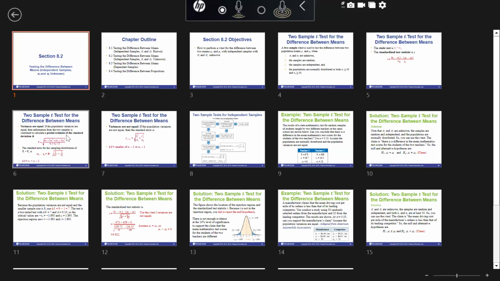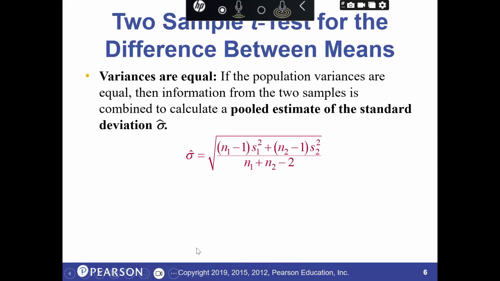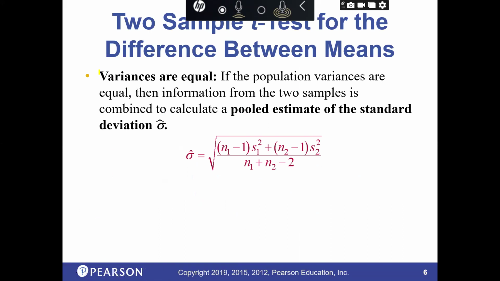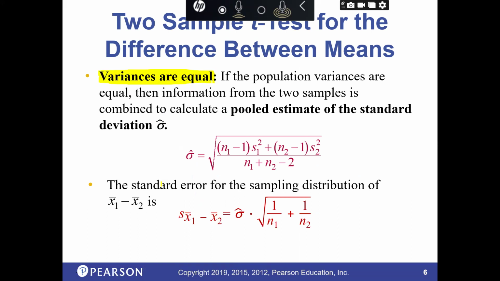First formula. Sorry, guys, just writing down a lot here. So if you just put variances are equal. Now, remember, variances are standard deviation without being the square root, right? It's the square of the standard deviation. These guys are equal.